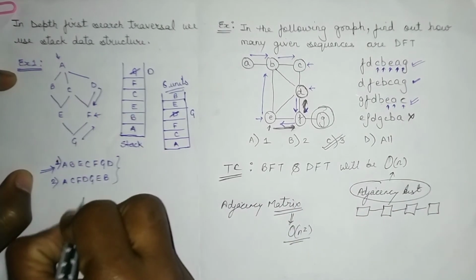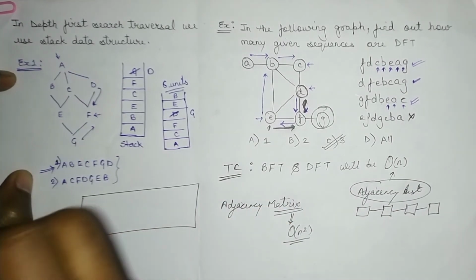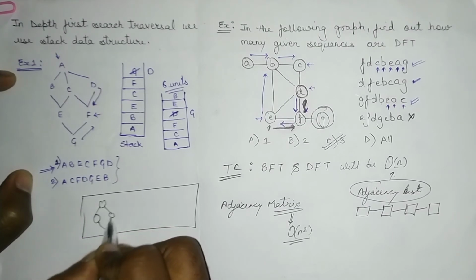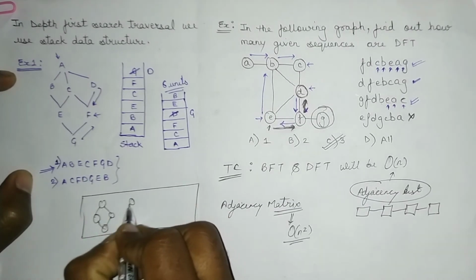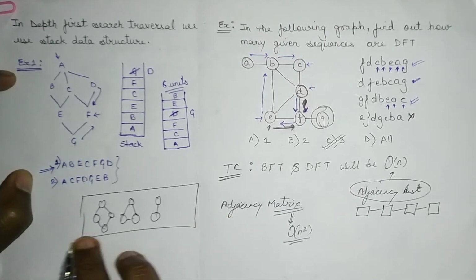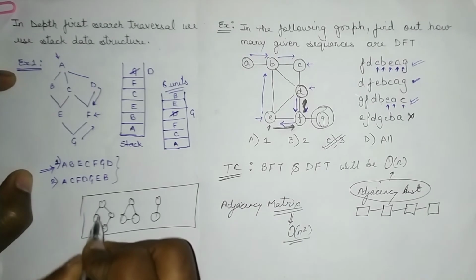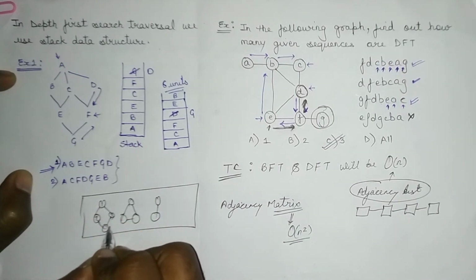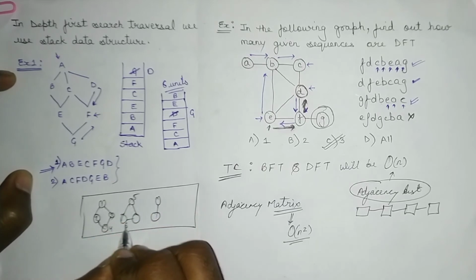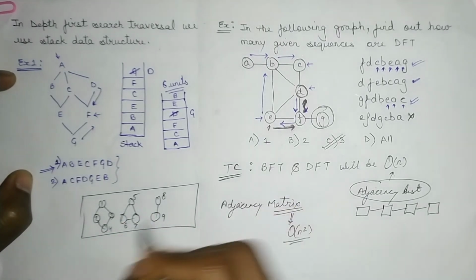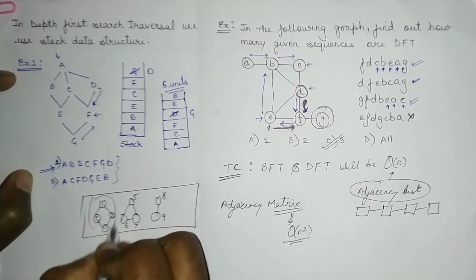What does it mean? Let's say you have some graph like this. If you apply BFT over here, let's say you started from some node, this is 1, 2, 3, 4, this is 5, 6, 7, and this is 8 and 9. So you applied BFT one time and you are able to do this.